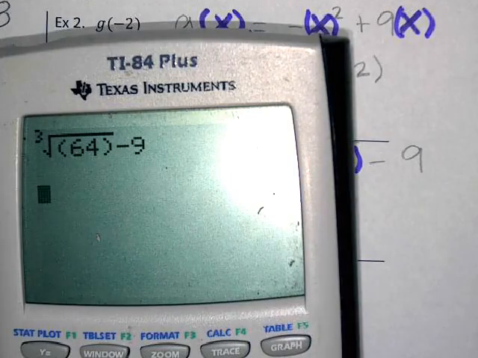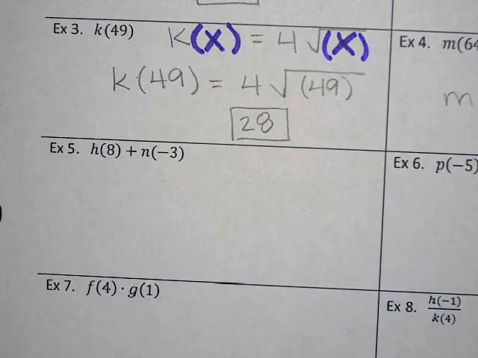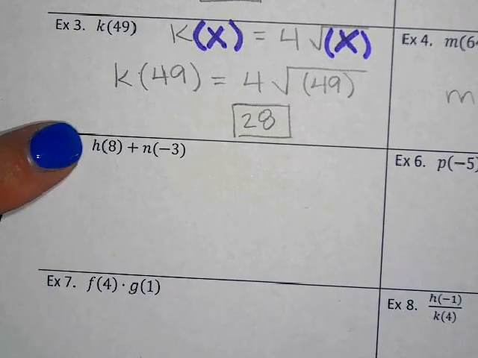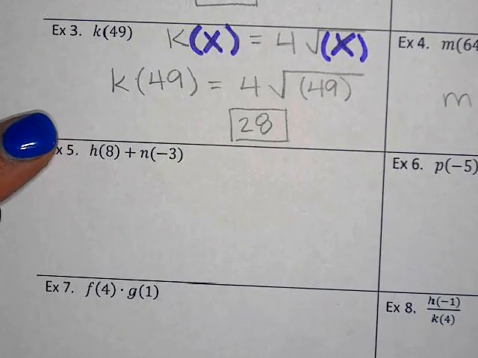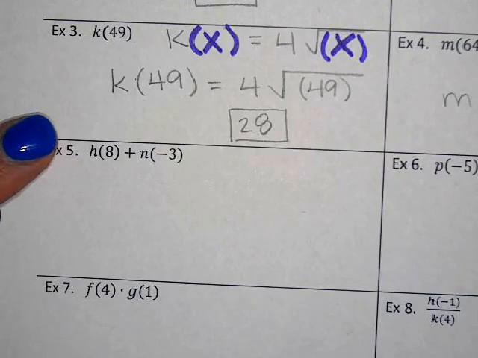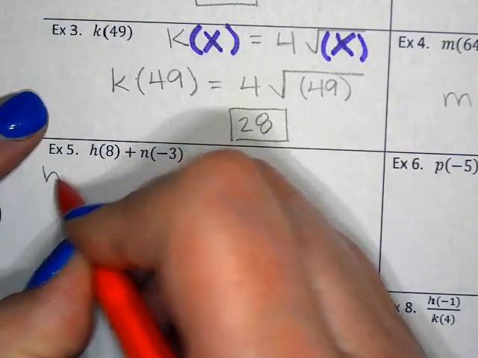Okay. All right, then they start to get a little bit more complicated. What makes these ones more complicated? Yeah, it's two problems at the same time. So we have to figure out what h is when you plug 8 in, what n is when you plug -3 in, and then we got to add them together. So let's write down, we're going to have h of x is 3x minus 2.